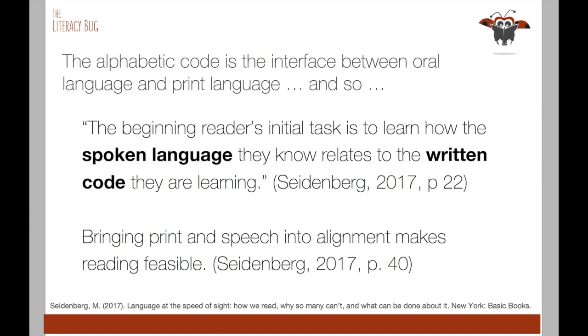And what I love about this quote from Mark Seidenberg is it emphasizes that the learner, let's imagine a child, has a language. They have a vocabulary. They've been talking for many years.